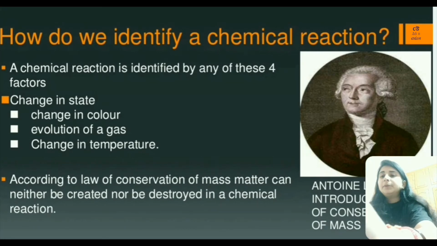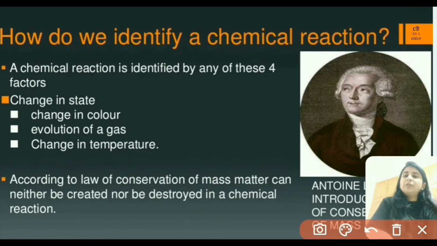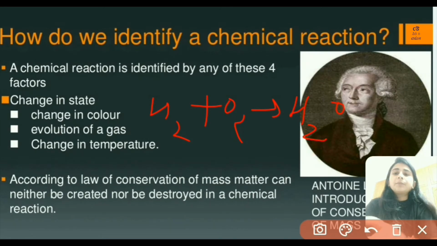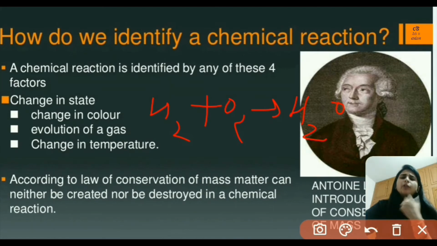For example, if we have hydrogen reacting with oxygen to form water, 1 atom of hydrogen is being used. We always have to check for the big numbers in front of these elements or compounds.